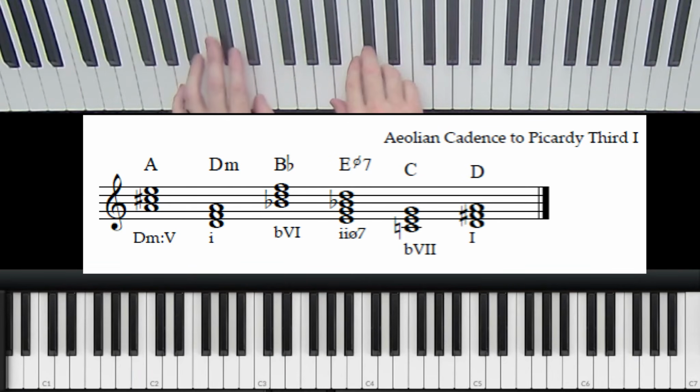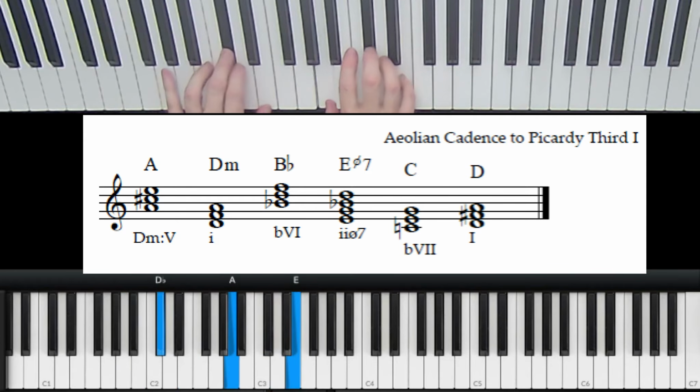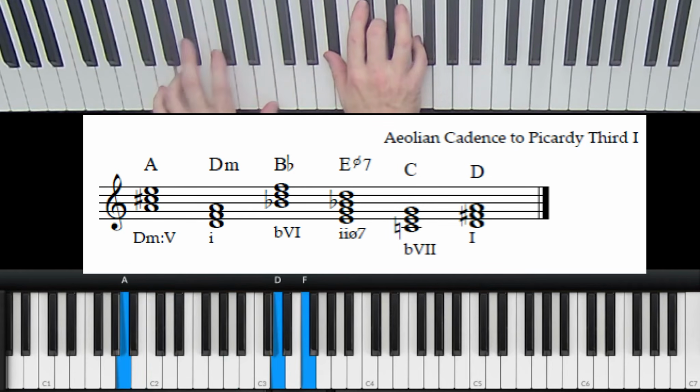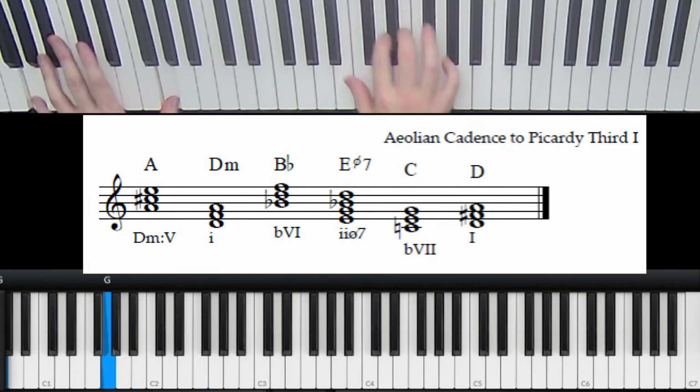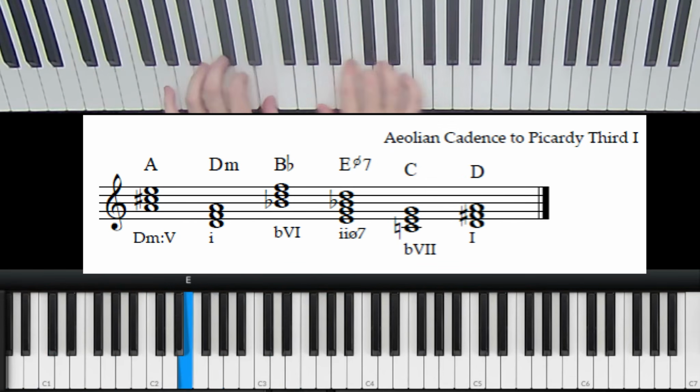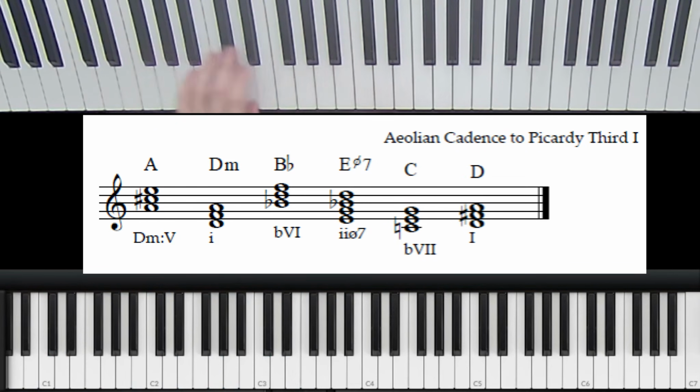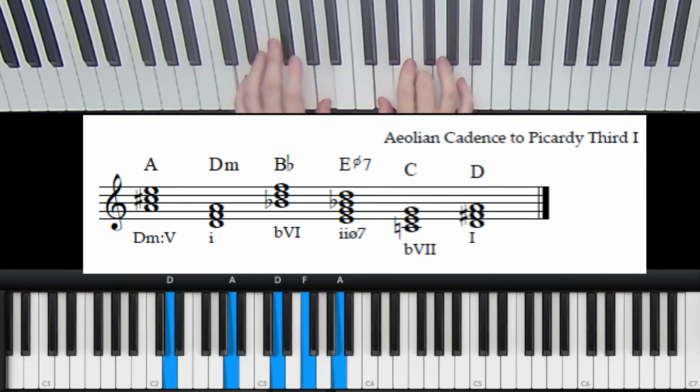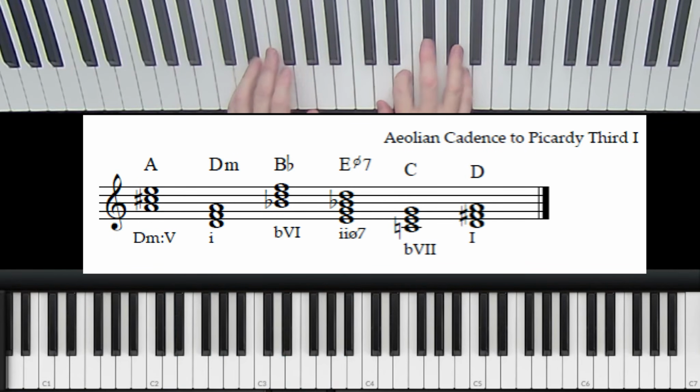So let's do something similar, but as if we're doing some kind of dramatic music. So then you could go back into D minor.